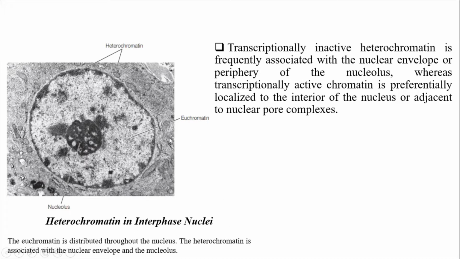Now, this is again the electron micrograph over here, and what do we see that the dark color areas, those are your heterochromatin regions. ठीक है? So what they are saying is that heterochromatin या फिर आपके nucleolus के पास रहेगा या फिर एकदम न्यूक्लियर एनवेलप के पास रहेगा. ठीक है? जबकि आपका यूक्रोमाटिन रीजन रहेगा एनपीसी के पास.